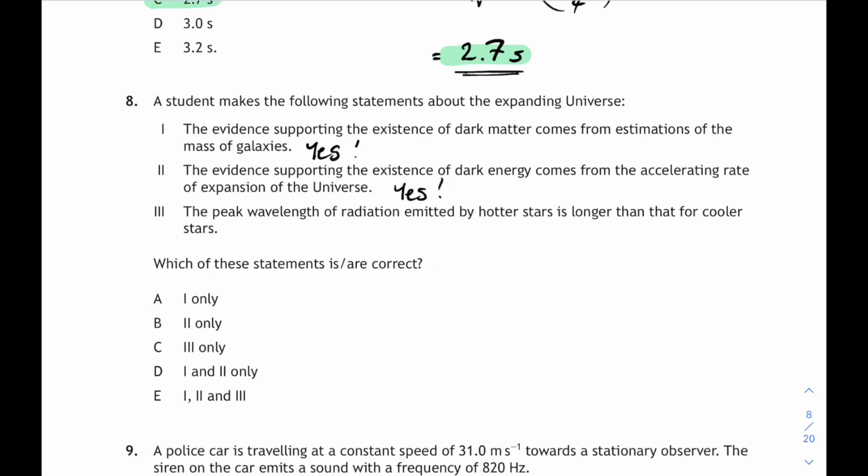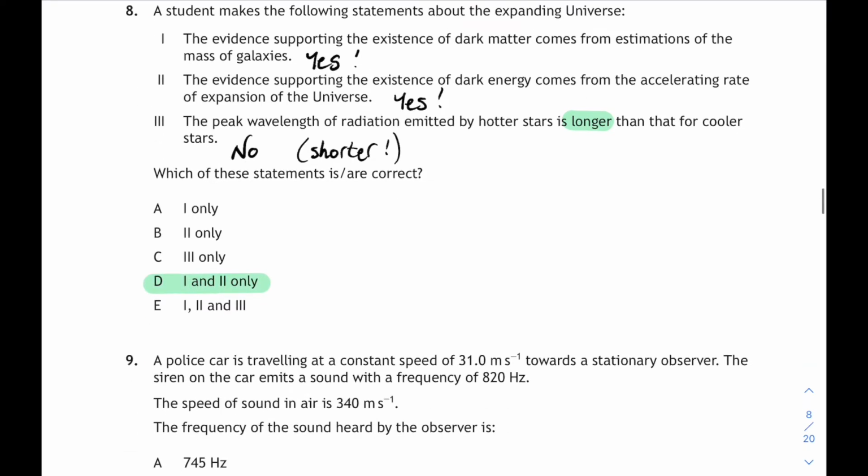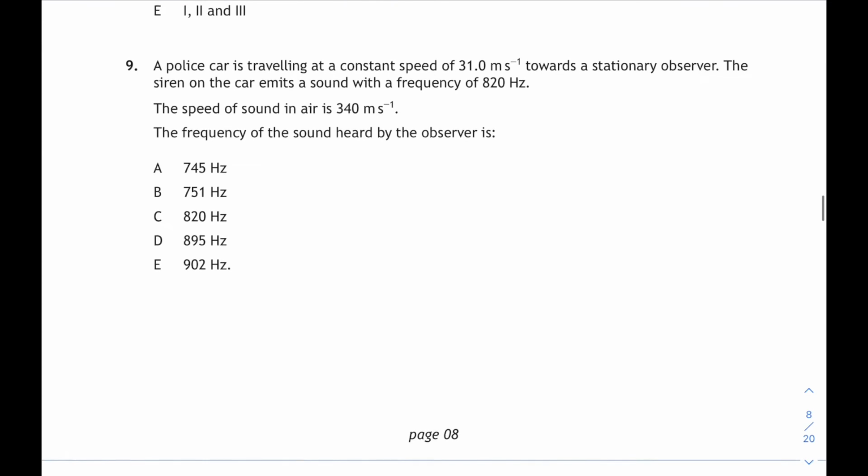And statement 3, the peak wavelength of radiation emitted by hotter stars is longer than that for cooler stars. Well, no, that's not true, because hotter stars are more blue. That means they have a shorter wavelength, not a longer peak wavelength. So statement 3 is incorrect. So 1 and 2 are correct. That's 1 and 2 only. That's answer D, 8D. Question 9.